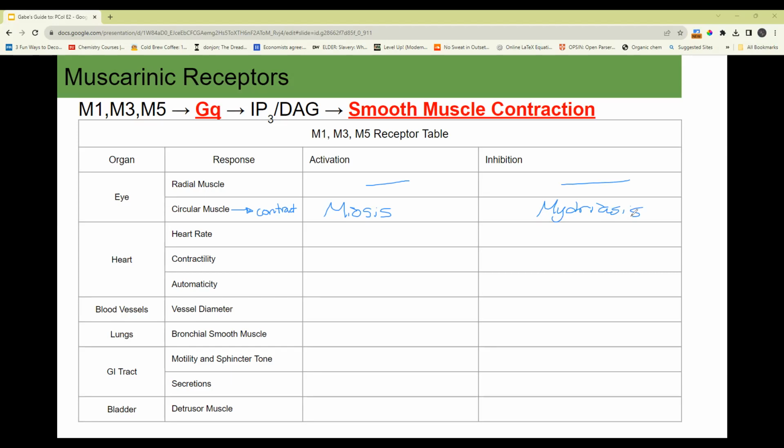Any questions about that? Because this is a really big point about how we use these drugs. So to constrict the pupil, we need to activate the receptors, and to dilate it we need to inhibit the receptors. Exactly. Yep.